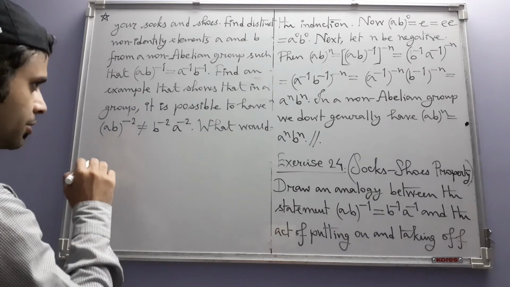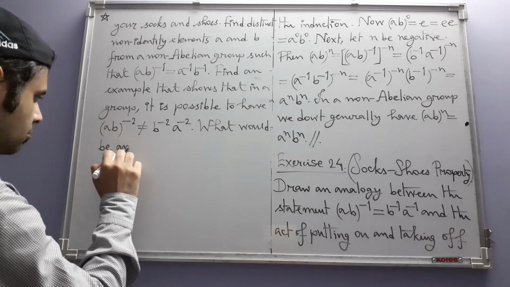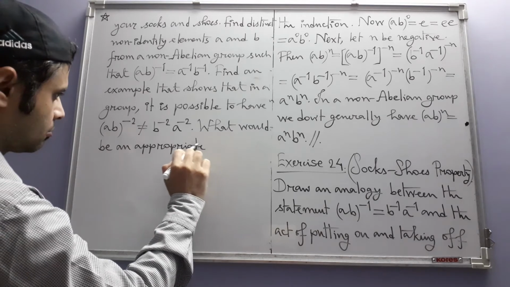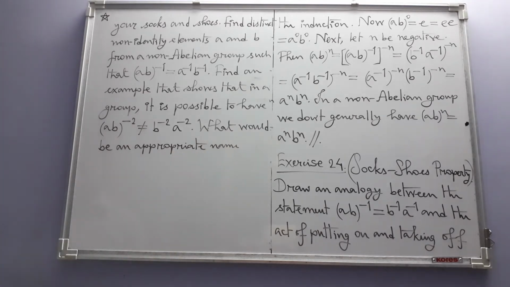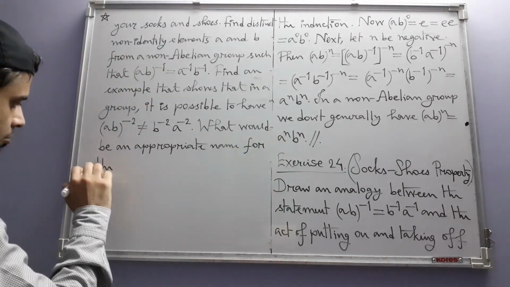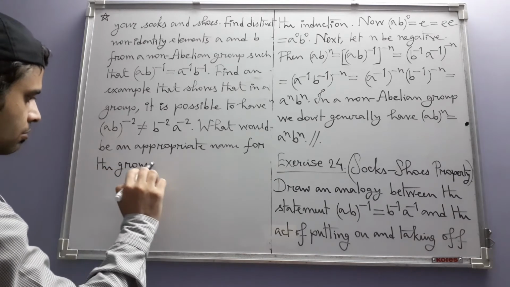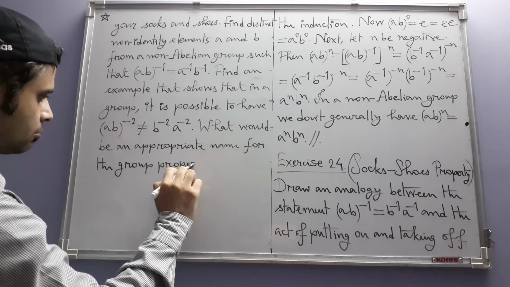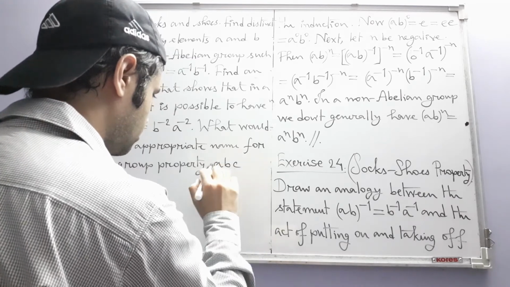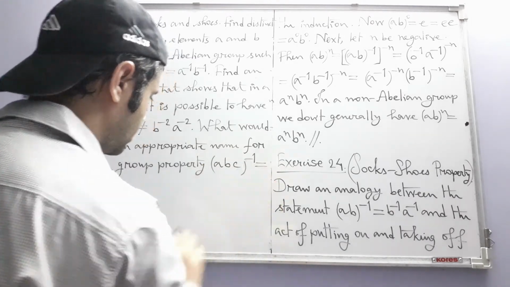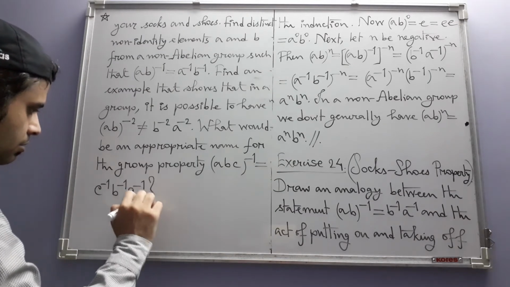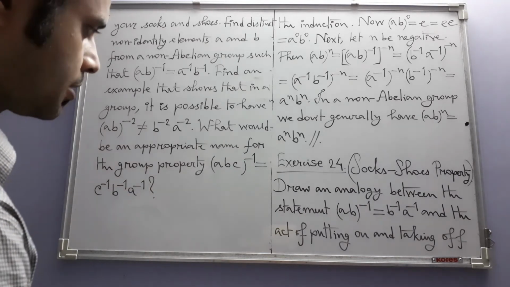What would be an appropriate name for the group property this inverse equal to C inverse B inverse A inverse? Okay, quite a long exercise.